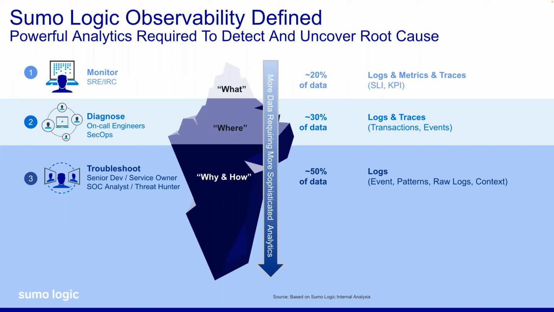As mentioned, monitoring and diagnosing requires working with some amount of data, but it's this troubleshooting phase where the observability system really needs to be able to handle almost unlimited amounts of data from logs, metrics, and traces. And this is a challenge for many observability solutions that don't have a high-end and highly scalable solution. Well, fortunately for you and us, built on a cloud-native architecture, Sumo Logic enables the ingestion and storage of any amount of data in a highly elastic and flexible way.